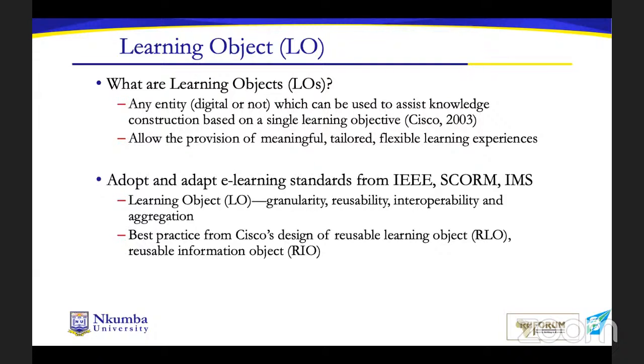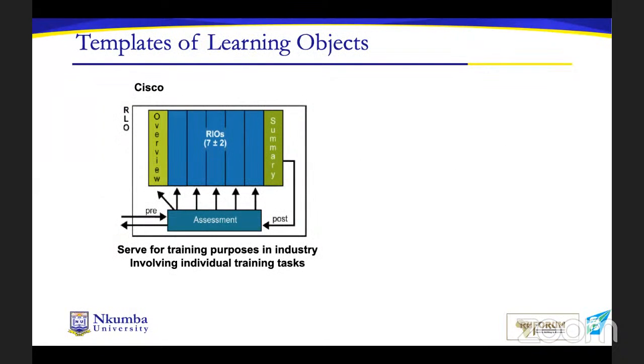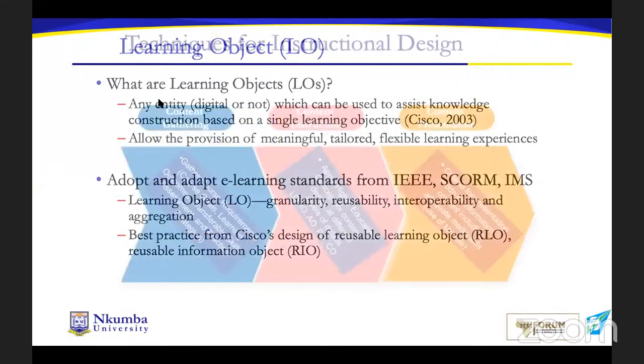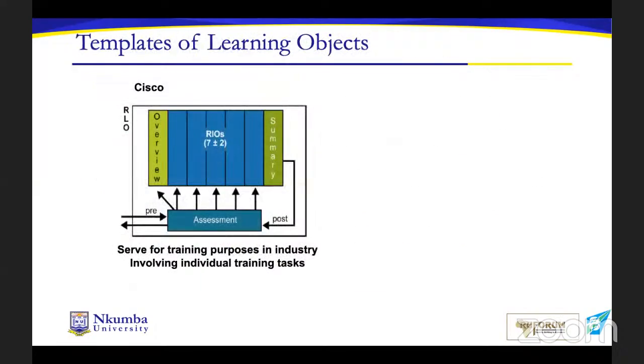We are going to see an example. I know people are getting confused on this. So look at this. Taking this as the learning object, it is reusable in such a sense that this is the full course unit. Each course unit has an overview at the start and always has a summary at the end.